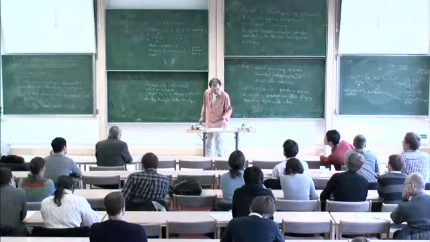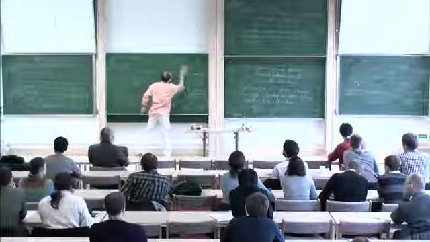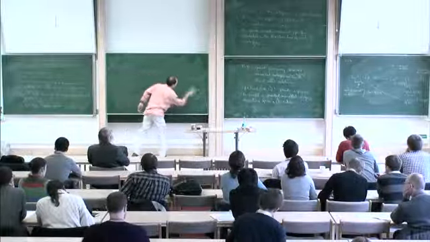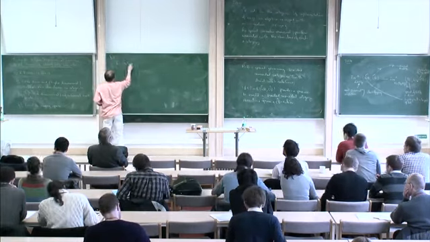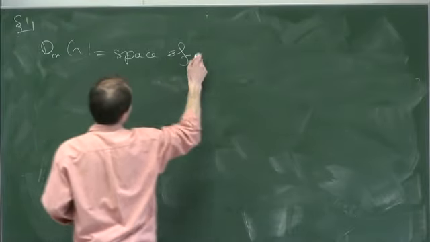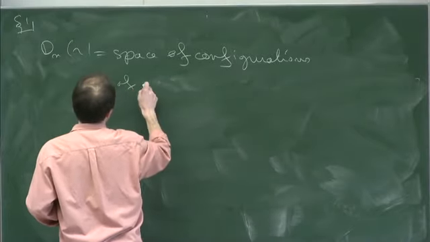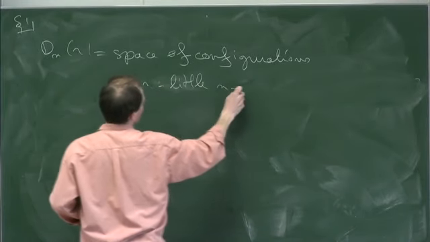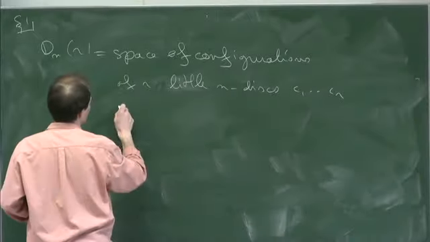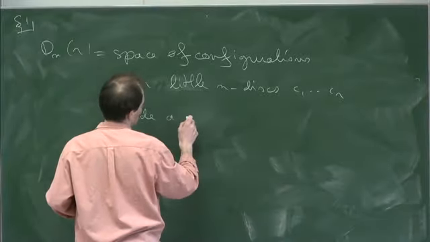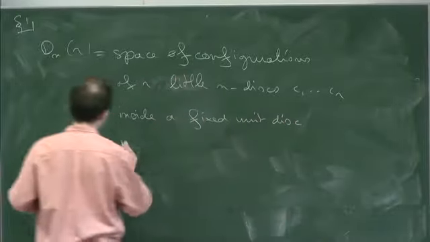Okay, so let's start. DnR, I should recall, is the space of configurations of R little n-disks C1 up to CR inside a fixed unit disk, which we denote Dn.